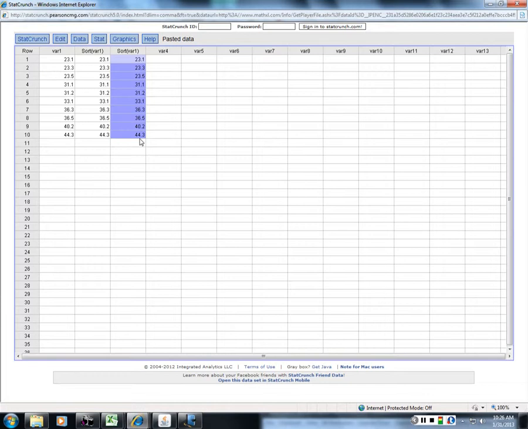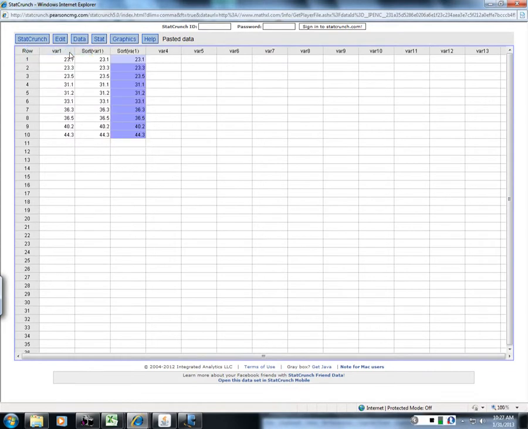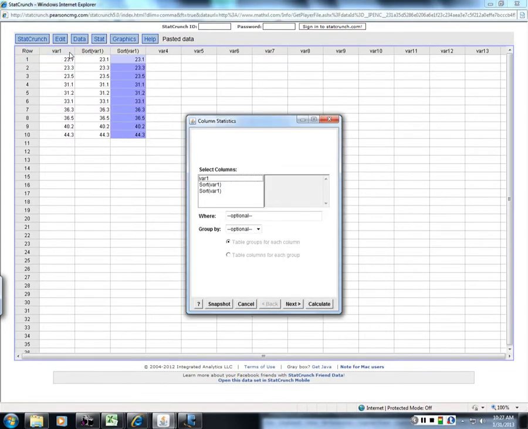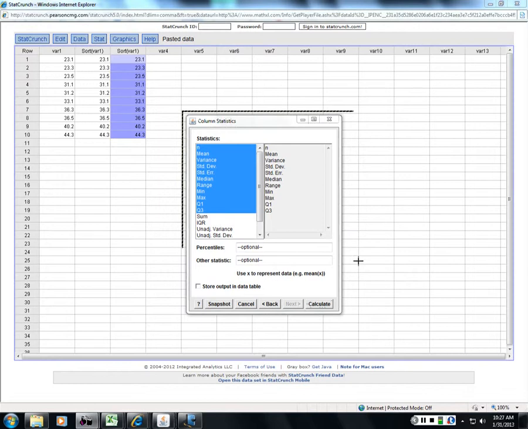If I want to find the standard deviation and the variance, once I've got my column in there and sorted, if I go to Stat and Summary Stats and go to Columns again, it brings up that pop-up window. And I'm going to click on the last column because that's the one that we're using. I'm going to click Next. And now what I want to do is actually copy this into the notes so that we can examine it.